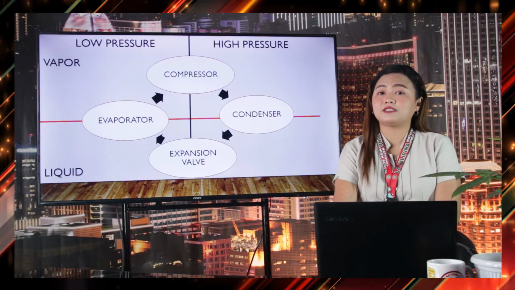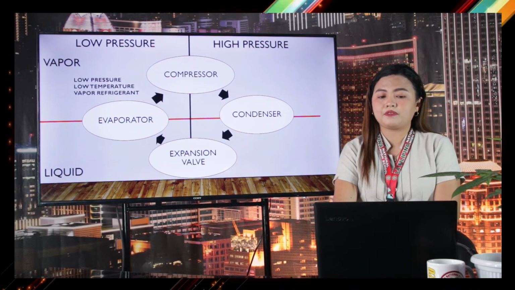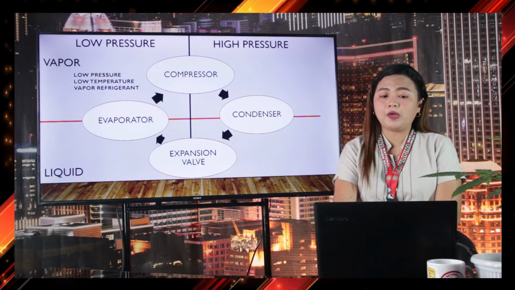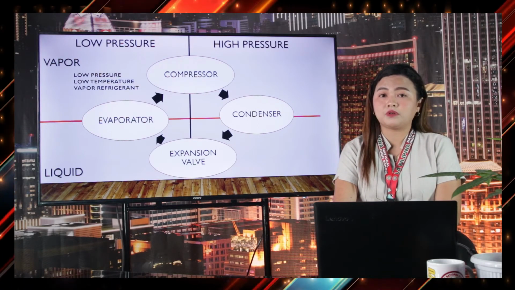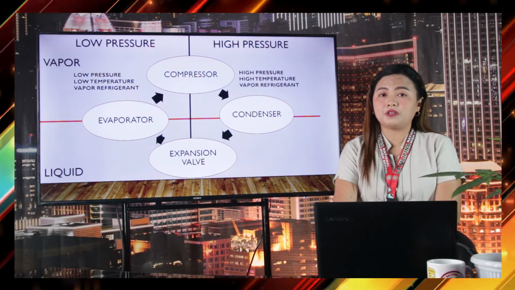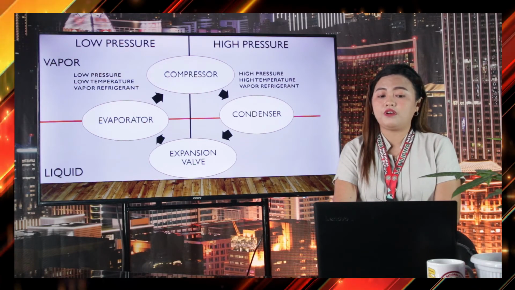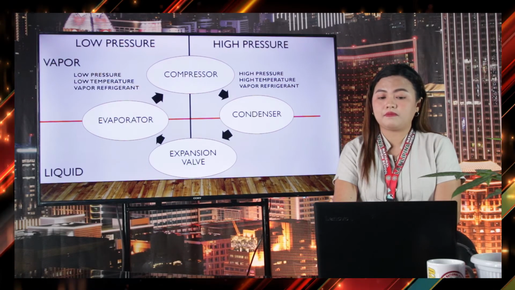The cycle starts with the compressor. Low pressure, low temperature vapor refrigerant will enter the compressor, which will discharge high pressure, high temperature vapor refrigerant.